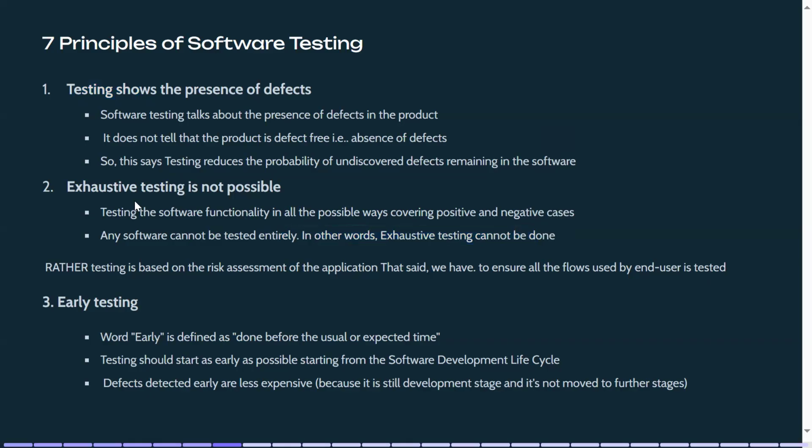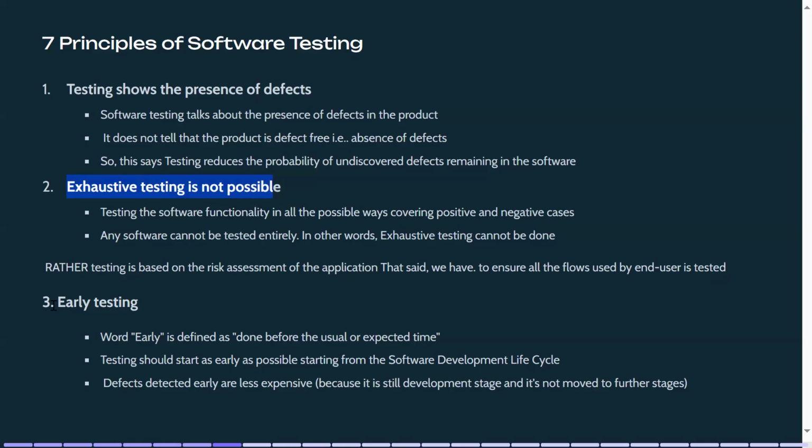Let's say there is a functionality. As per your knowledge, you follow testing techniques, testing methodologies, functional testing techniques, everything, and accordingly you test that application. But exhaustive testing means there are permutations and combinations, which is impossible to cover. This is one of the software testing principles. We are human beings; we cannot cover each and everything. Somehow we will miss some functionality or testing scenarios.